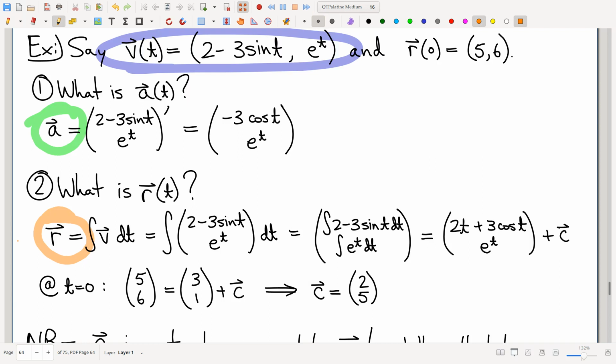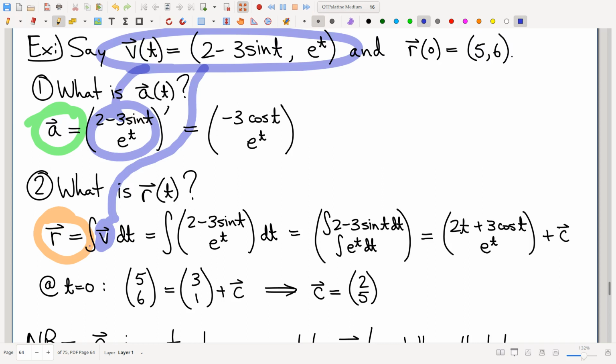We argued on the previous page, acceleration is the derivative of velocity, and position is the antiderivative of velocity. Right? If velocity is the derivative of position, then position is the antiderivative of velocity. I'm sure you all have made that argument in a single variable calculus setting previously. Is that cool? Just to get the ball rolling?